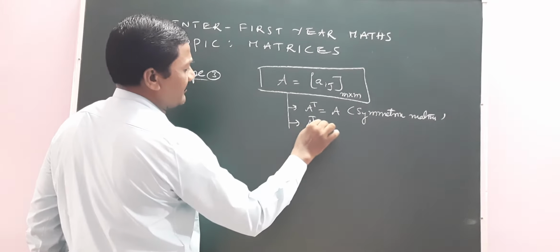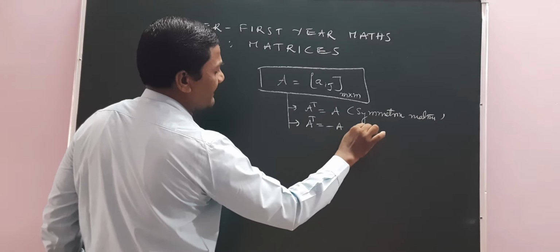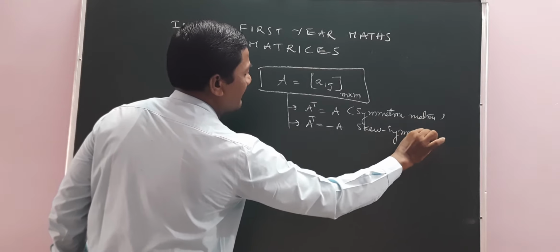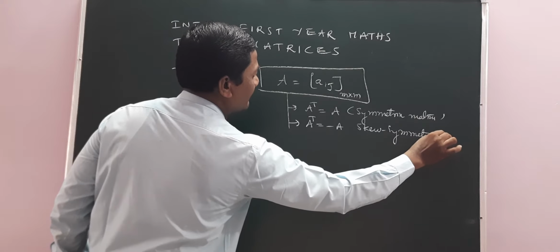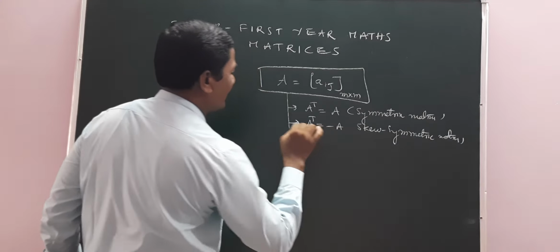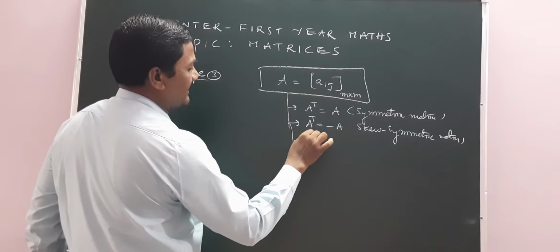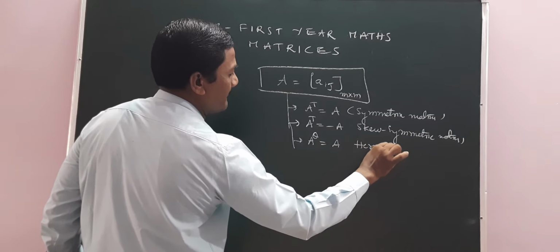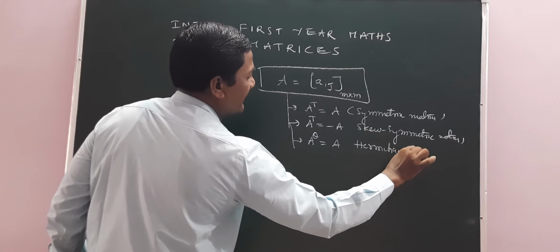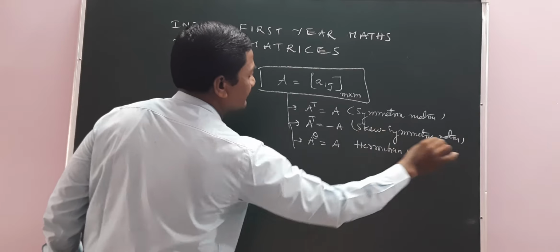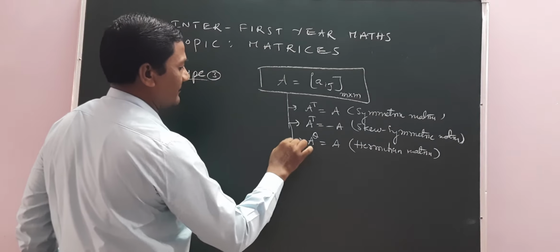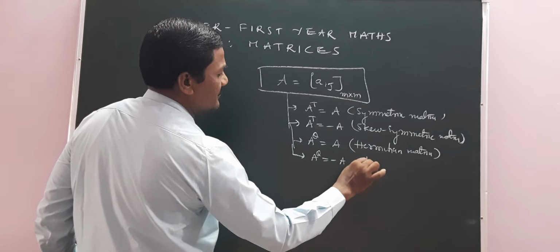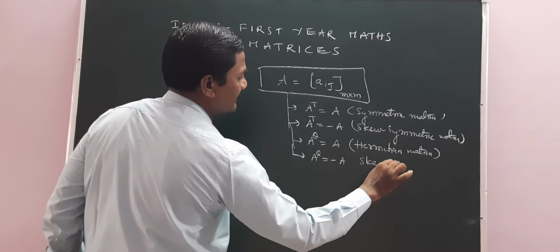A power T is equal to minus A is a skew symmetric matrix. A power theta is equal to A is a Hermitian matrix. A power theta equals minus A is a skew Hermitian matrix.